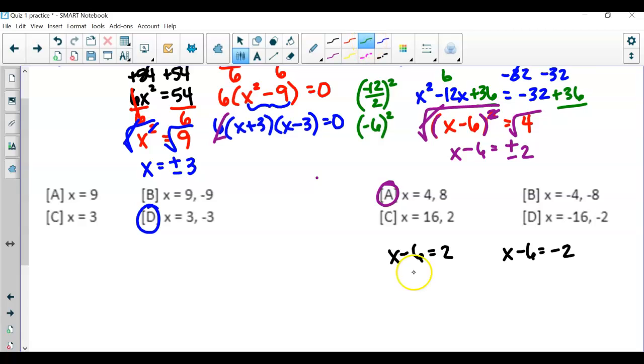So when I solve here, I add 6 to both sides, and there's x is equal to 8. Here, when I add 6 to both sides, but now notice that's -2, -2 plus 6 is +4. So notice how, even when completing the square, you do get the same answer.